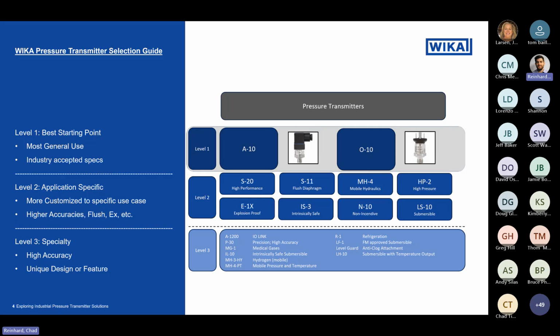Medical gases, so if you're in anything that requires medically cleaned or medical gases, right? Anything in the medical field that requires medical type approvals would be the medical gases, the MG1. We have a line of hydrogen, which we'll get into here in a little bit.